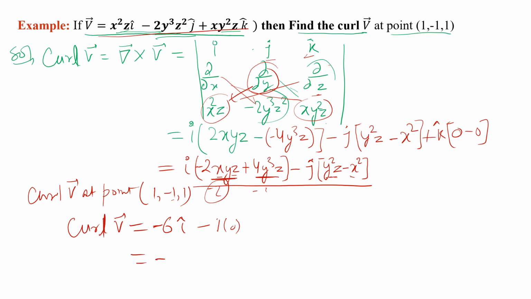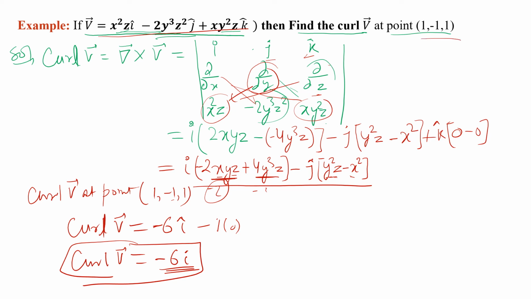So we get minus 6i. So this is the curl of the vector function at the point 1, minus 1, 1. In that way we find the curl of the vector quantity.